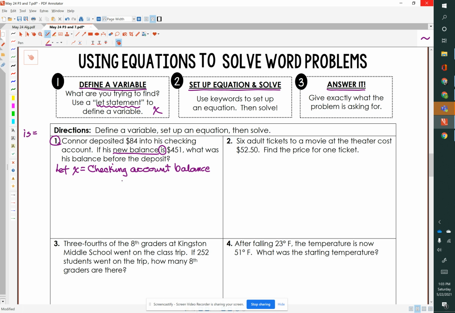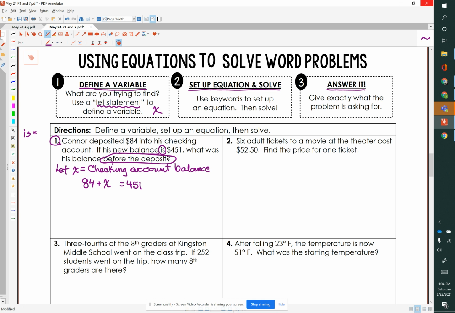So if his new balance is $451 and he deposited $84, then what we're trying to find out is the checking account balance before he deposited the $84 that he may have earned mowing lawns or doing some kind of summer help.